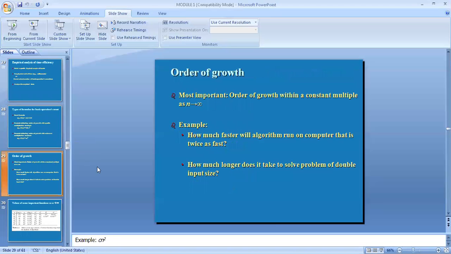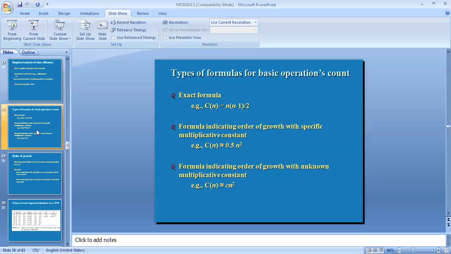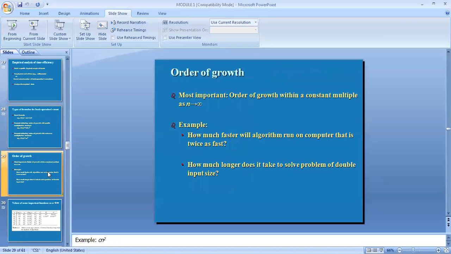Then, the order of growth with a constant multiple: if n becomes infinite, how much faster will the algorithm run on the computer? Is it twice as fast, or is it not solvable? This is the order of growth.